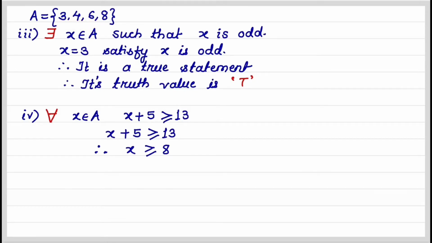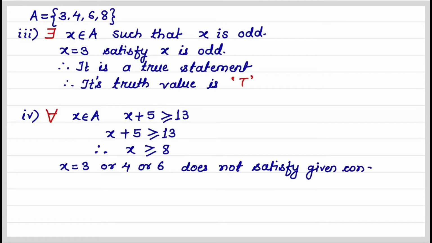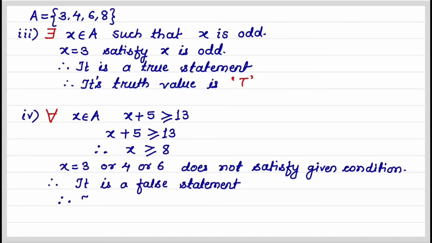But x equal to 3, 4, 6 does not satisfy this inequality, and hence it is a false statement, and therefore its truth value is F, capital F.